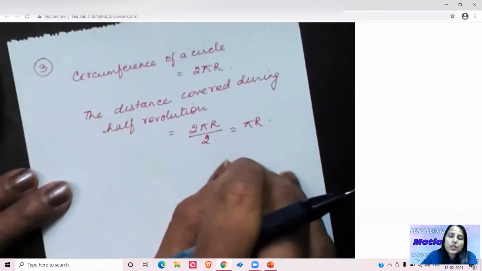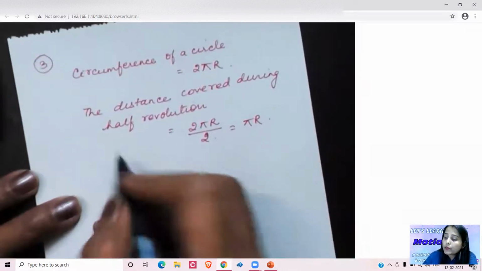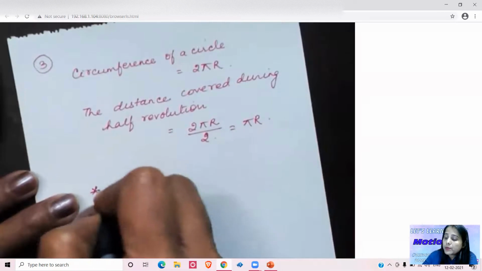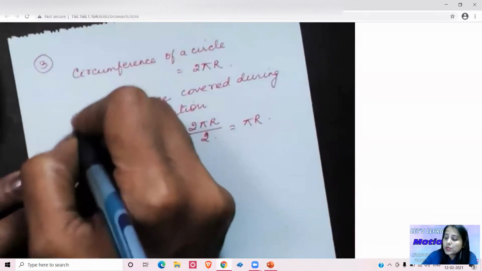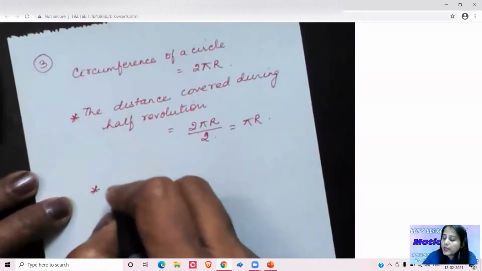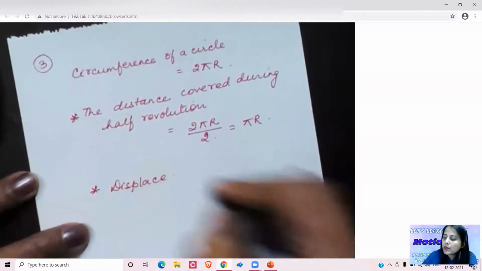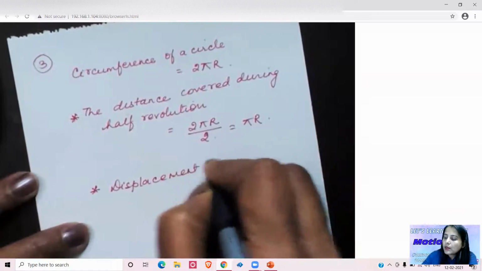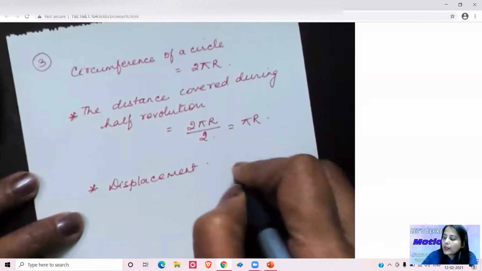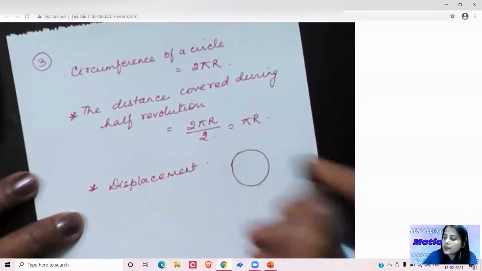Now the next point we have to solve is the displacement. This was the distance. Now for displacement, see, this is the circle.